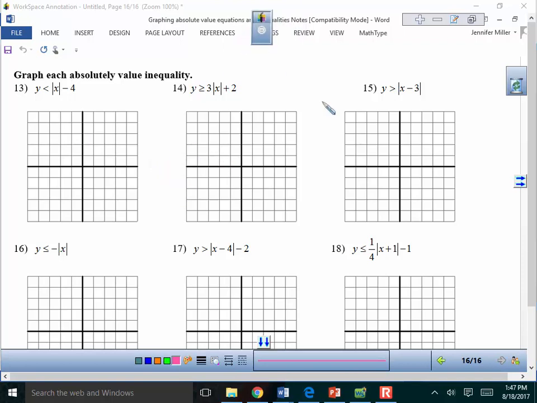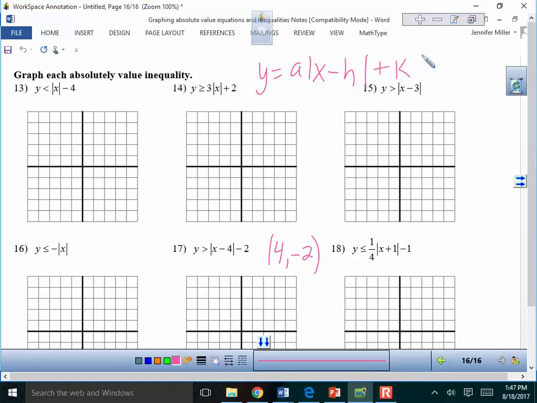Okay, so what's the vertex on number 17, Clark? What's inside here changes. Remember, it's y is equal to a times the absolute value of x minus h, plus k.